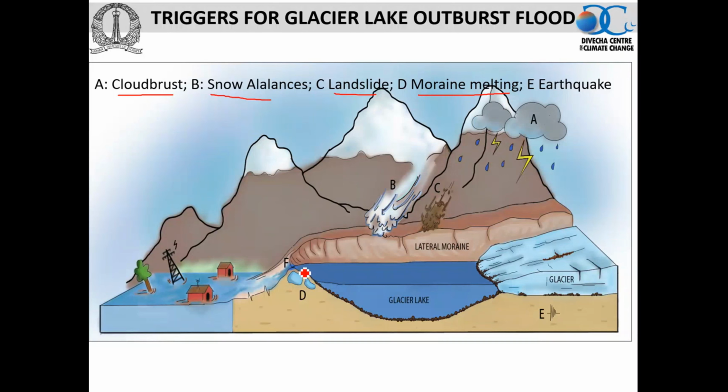What you need to understand is that this moraine over here is rock on the surface, but below, its core is filled with ice. So over a period of time, that ice is slowly going to melt, and it can lower the thickness and height of this dam, and it can burst. So there could be that, or there could be an earthquake, which can lead to the outburst of this.